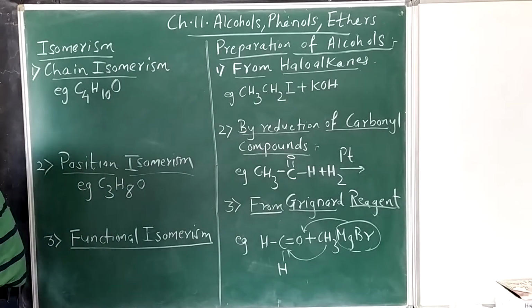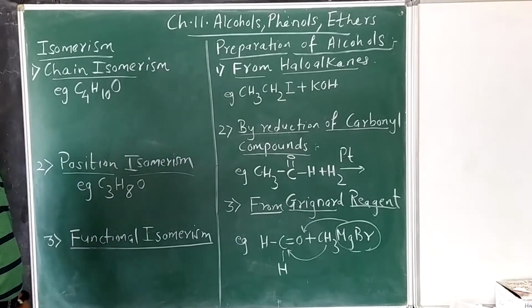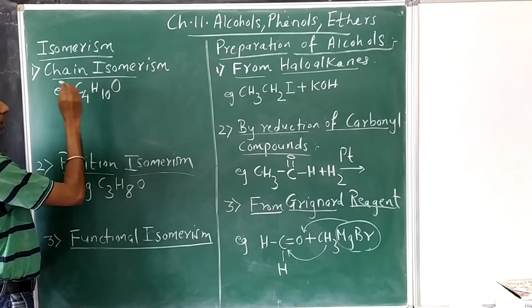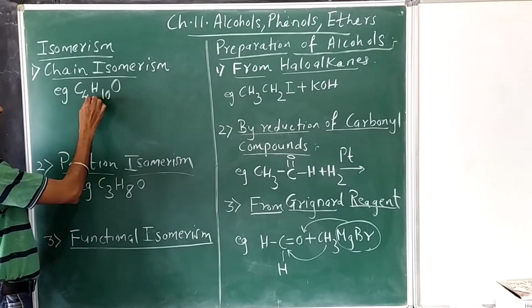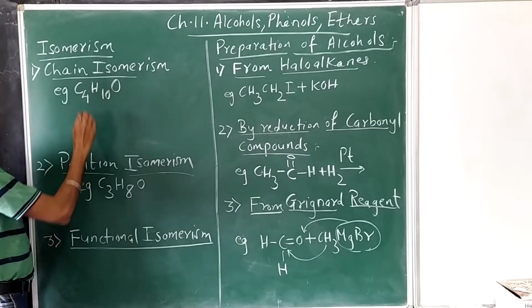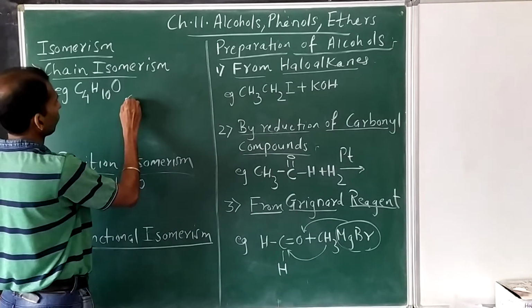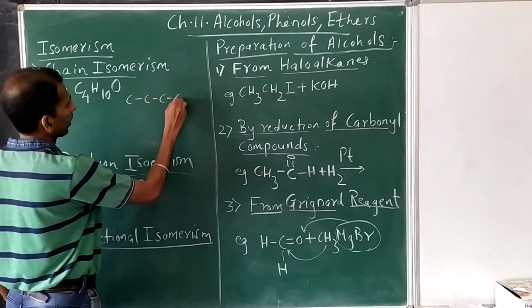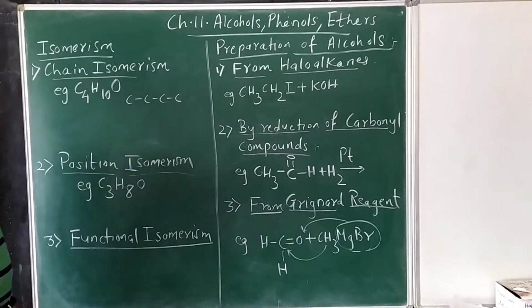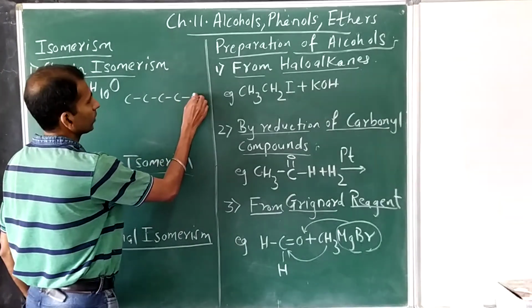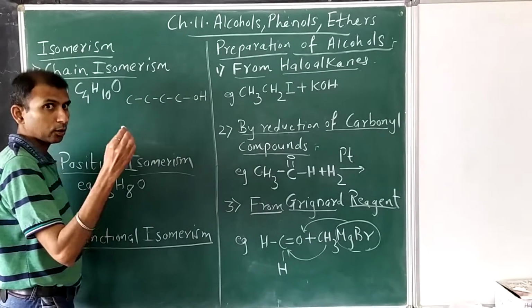In chain isomerism, let us draw the isomers for an alcohol having molecular formula C4H10O. The first structure we can try: 1, 2, 3 and 4 carbons. Of course we have to show one OH because it is an alcohol.